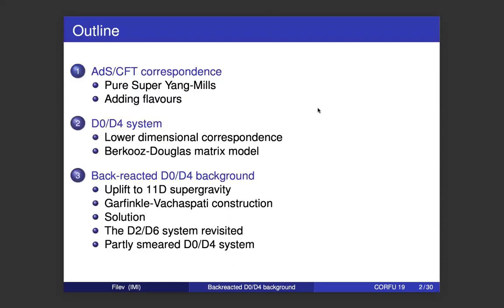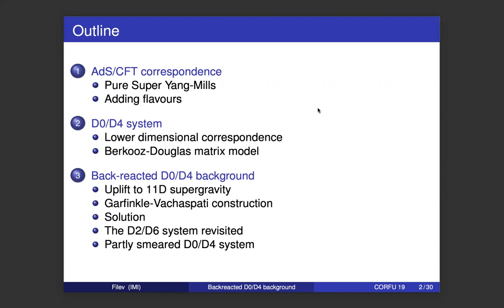I'm going to start with a brief introduction to the AdS/CFT correspondence, which is not the context of our technical computations today, but it's the motivation behind. Then I'm going to talk about the D0-D4 system as a lower dimensional version of the AdS/CFT correspondence with flavors.